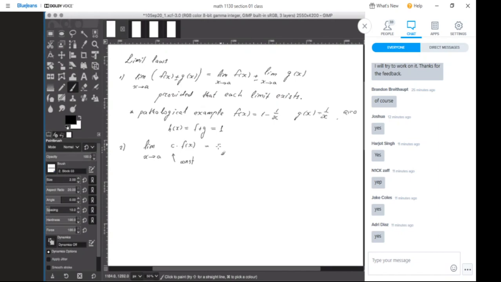This will equal c times the limit as x goes to a of f of x. And again, the limit of f of x actually has to exist. Okay? So it's the same provision that will repeat over and over again.